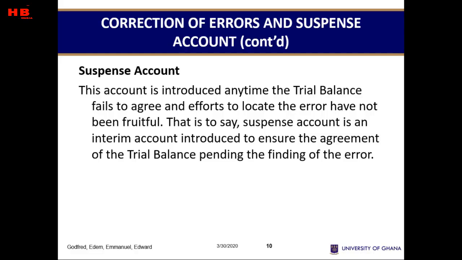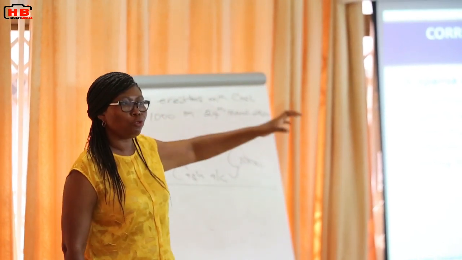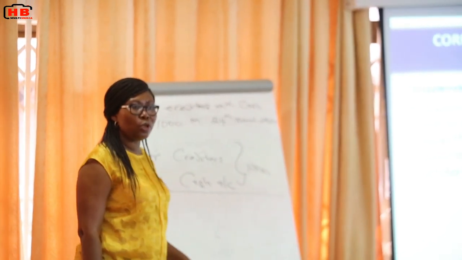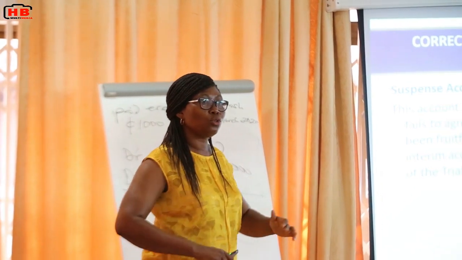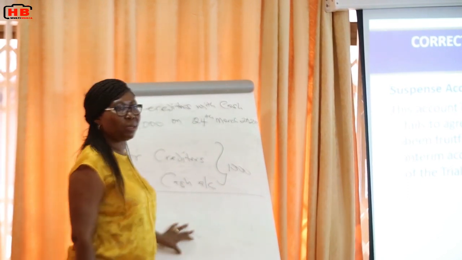Can you imagine, on 31st December, we are trying to put together all the figures to prepare our financials, only to realize that the statement does not agree. Are we going back to January to do those corrections? Do we open the January ledgers to go back and do the right thing? Obviously, that would be a big challenge.